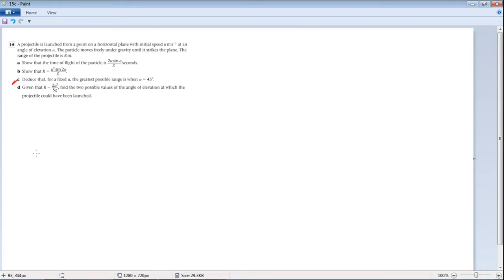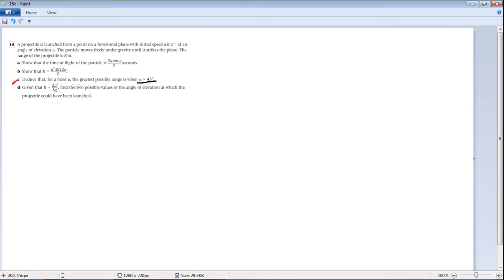Okay, so let's start. They have asked us to show that the range is greatest where alpha is 45 degrees.